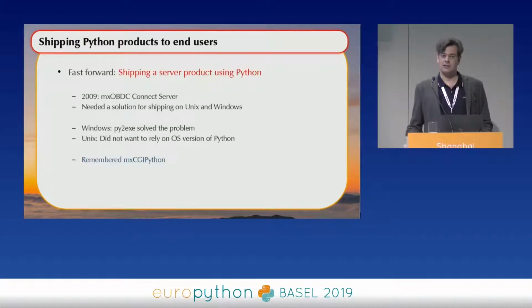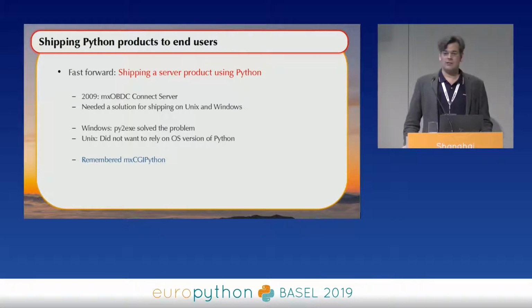Now, in 2009, my company was producing a product, one part of which is a server application that's written in Python and needs to run on Linux. And I needed some way to ship this product to clients. The problem that I ran into was that if I were just to use the OS-based Python installation, there were so many variants of it that I couldn't really support it because I was basically a one-man show as a company.